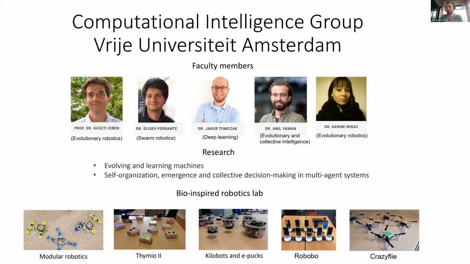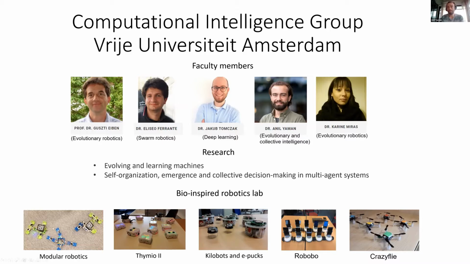So for example, in terms of research on evolving and learning machines, we are interested in proposing evolutionary or lifetime learning processes to design these robots, not only in simulation but also in real life. We are also interested in embodiment, like these robots should somehow interact with the real world. And also the body shapes, for example, we can 3D print them and then test how body shapes affect their performance.